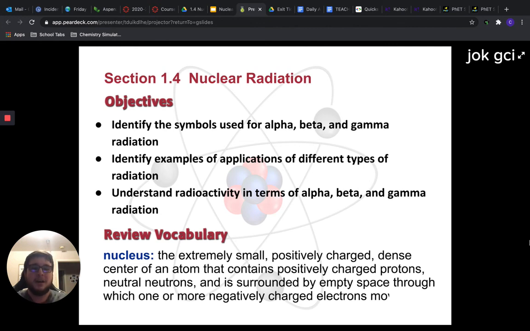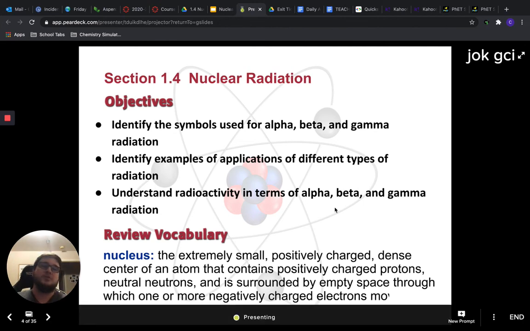But the inside of a nucleus is very, very small. If I pack a whole bunch of protons, which are positively charged, into that very small area, like charges want to repel. If I don't have neutrons in there to space those protons apart, they're going to repel each other, and the nucleus will rip apart under the repulsive force. So that's what neutrons are for, if you were wondering.